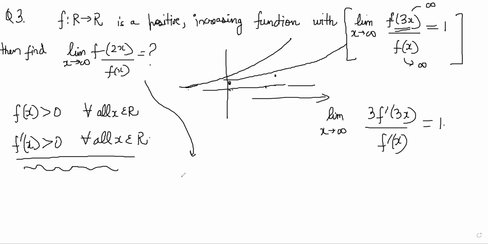The other limit is 2 times f dash 2x by f dash x. This is what?